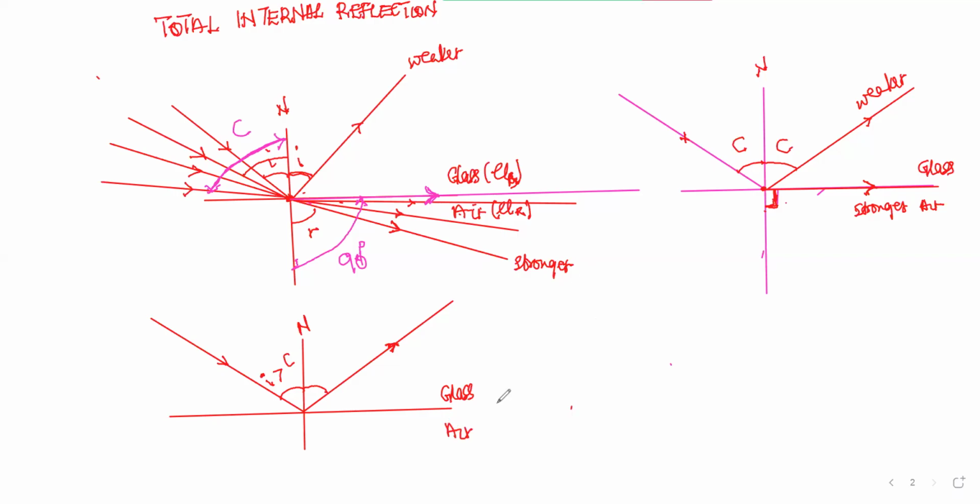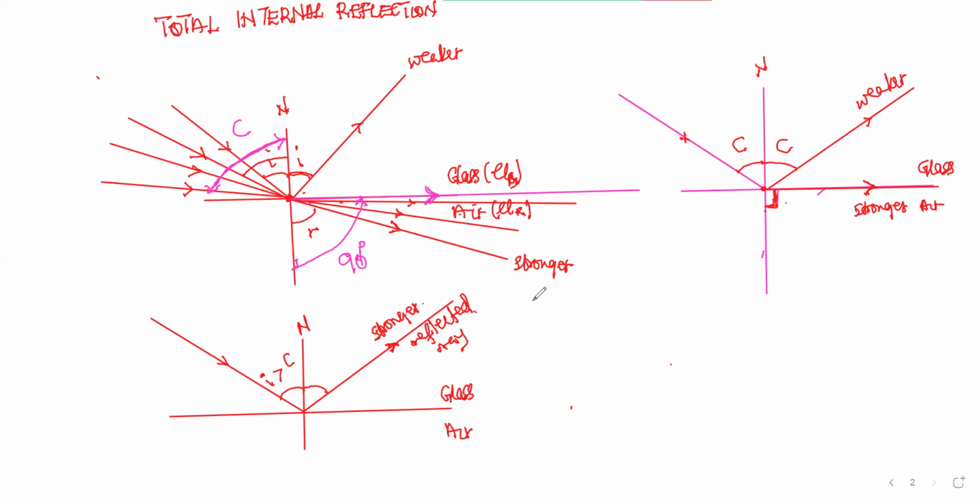So when the angle of incidence is greater than the critical angle, this time we don't have a refracted ray, but all that we have is a stronger or brighter reflected ray. Before, the reflected ray was weaker in intensity.